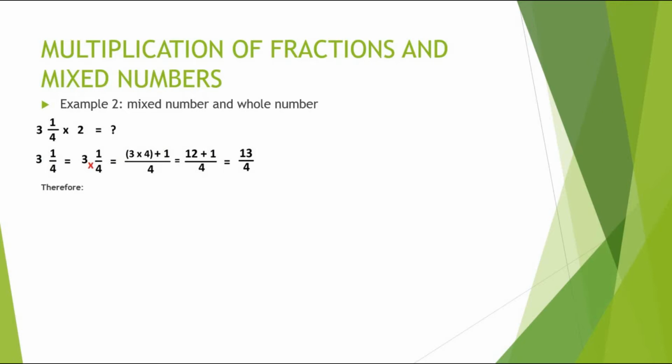So, therefore, we have 13 over 4 times 2, which is then equal to 13 times 2 at dahil invisible denominator ng ating 2 is 1, 4 times 1. Okay? And then 13 times 2 is equals to 26 and 4 times 1 is equals to 4. So, ang ating sagot is 26 over 4.